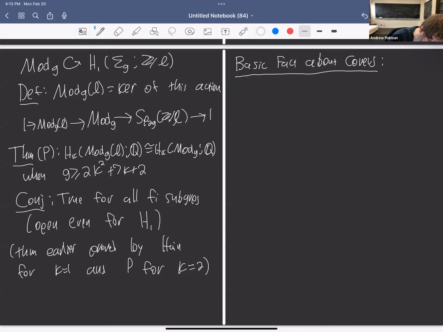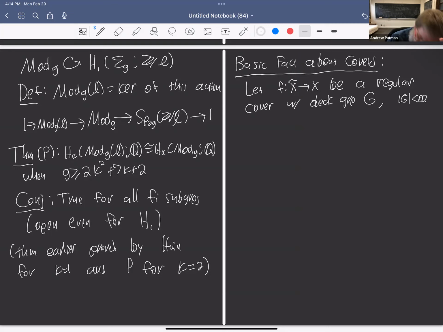Let f from X tilde to X be a regular cover with deck group G, where I'm assuming that G is a finite group. So you have a finite regular cover of reasonable topological spaces, say CW complexes. I don't think you need any assumptions on the space. It relates the homology of X and the homology of X tilde, at least rationally.